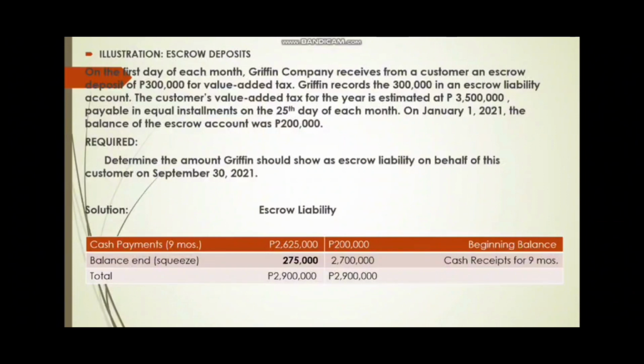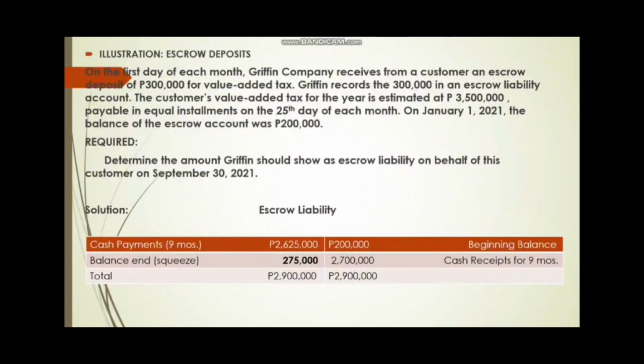On January 1, 2021, the balance of the escrow account was 200,000.